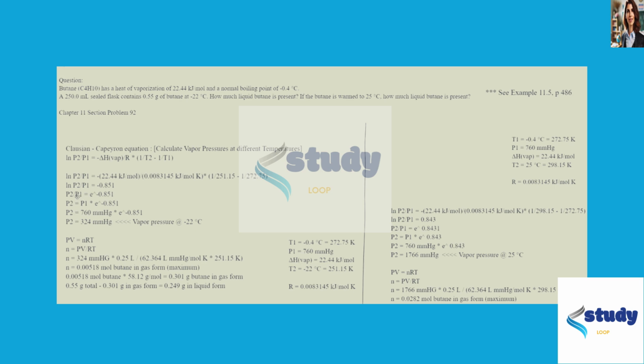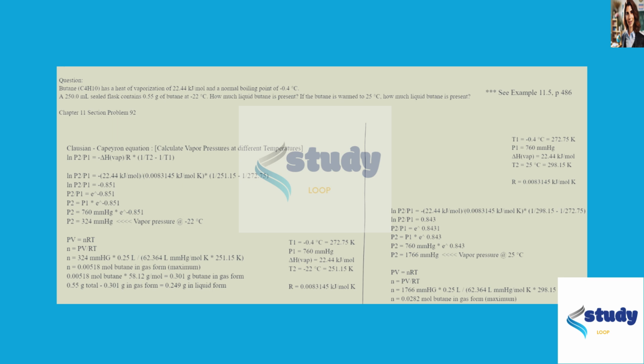Multiply both sides by P1, which is 760 millimeters of mercury, so times e raised to the minus 0.851. Solving that gives us a vapor pressure at minus 22 degrees Celsius of 324 millimeters of mercury. Okay, so that's the pressure of the gas at that temperature.